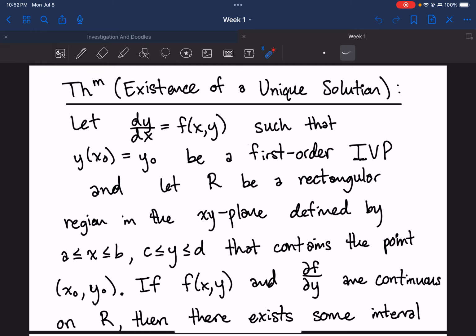And you need to have some rectangular region in the xy plane defined by x is between a and b, y is between c and d, that contains this point x naught, y naught. Right, so we're thinking about this point x naught, y naught being in the plane, and then we need some rectangular region around that.